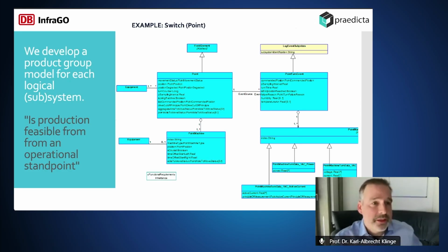The basic idea for these kinds of models is they are all the same for all manufacturers. We allow in those models also manufacturer-specific extensions. So if you have additional attributes, you can add them to this basic model.